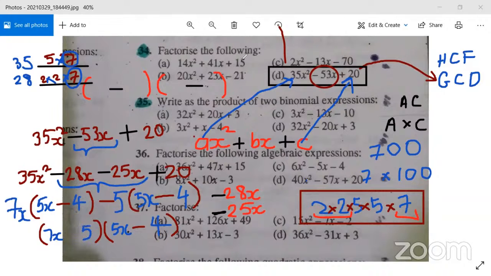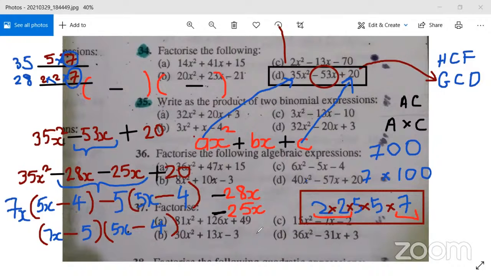And just like that, we have factorized. Let me see if I can write this a little more user-friendly. There we go.